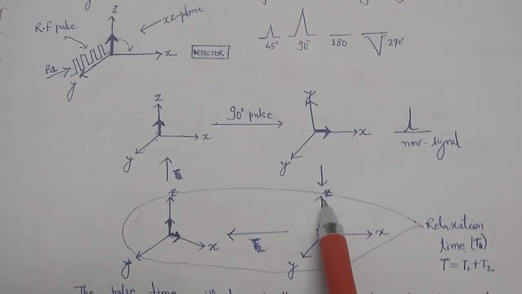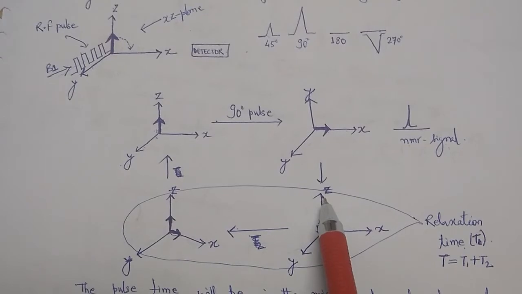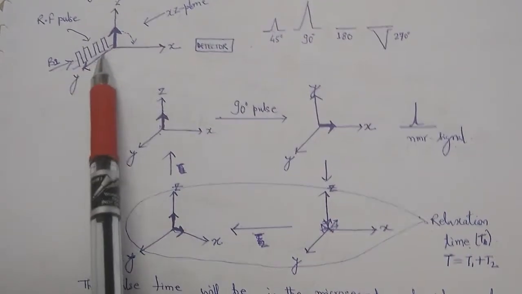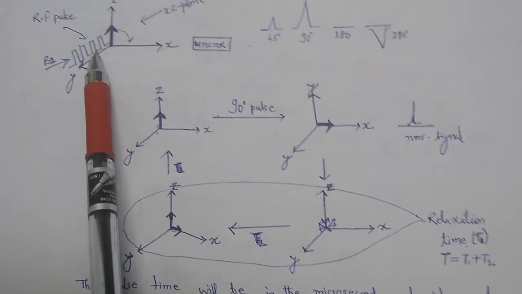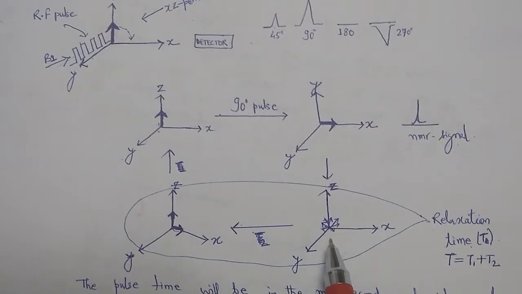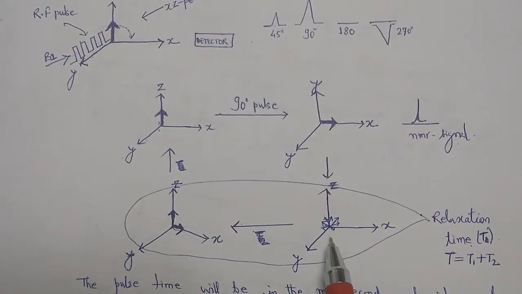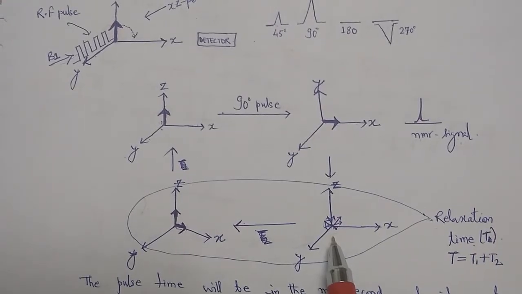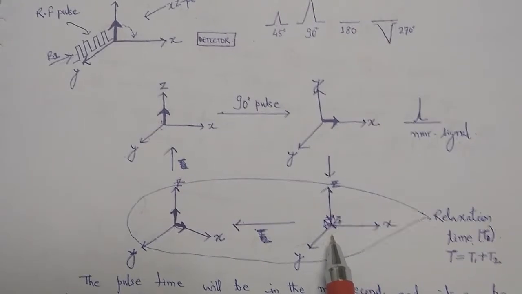Here we can understand the relaxation process in a better way. Once the pulse interval occurs, the relaxation process will take place. There are two kinds of relaxation process: one is transverse relaxation, another is longitudinal relaxation.